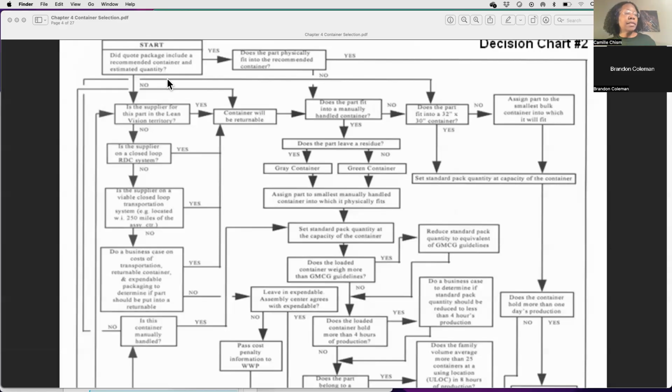But that decision is made early on with the quote package, where they recommend a container without dunnage, because they didn't know. You want to make sure that your quote package includes, it doesn't have to be exact, but a decent idea of what the packaging cost is going to be.